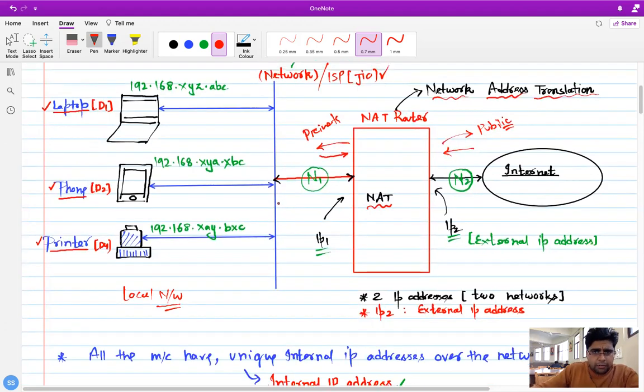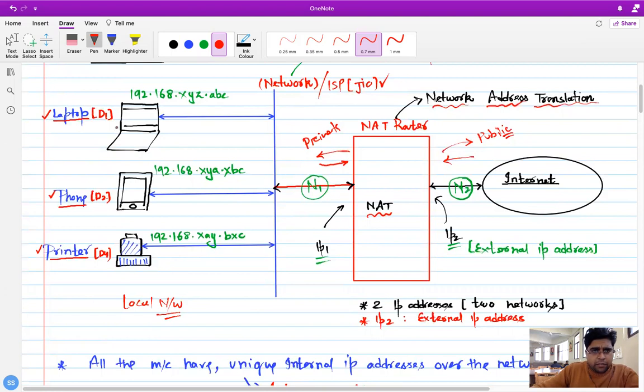Okay, it means if NAT is connected with two networks, this is the local area network and this is the internet. It means, for example, what could be the local area network? Let's first understand that with the GEHU network. Sometimes you use LAN, right? Or sometimes you use the Wi-Fi of the university, right?